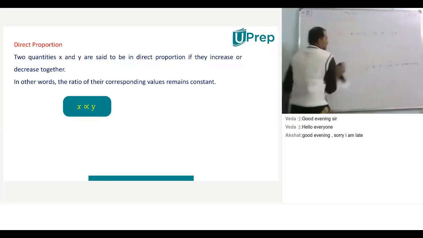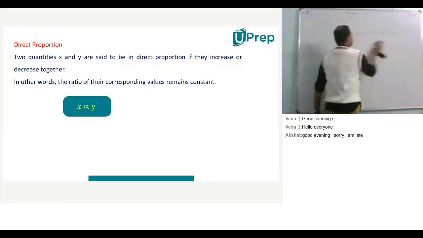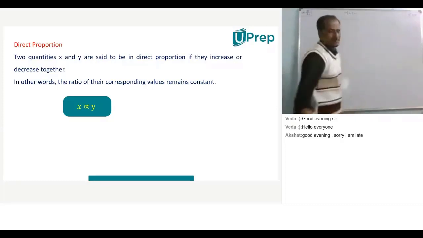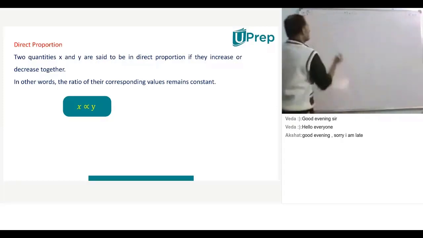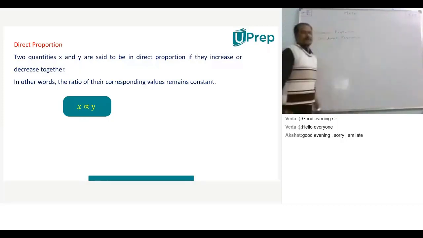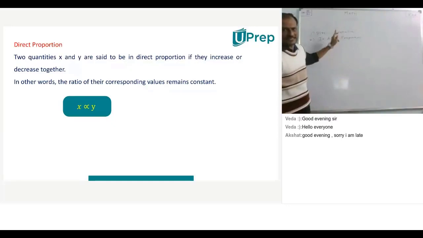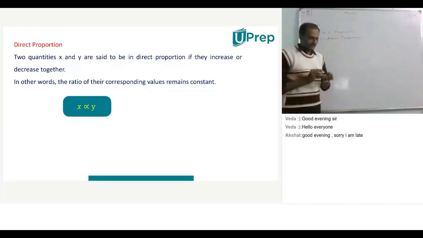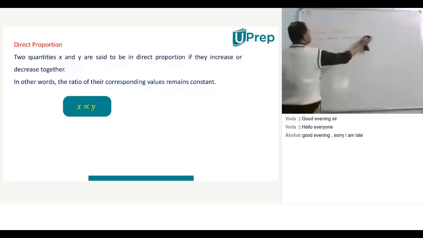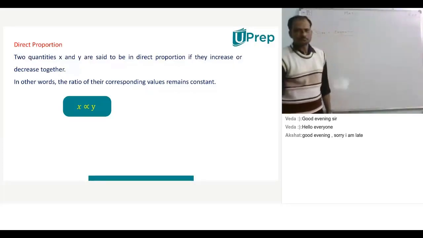Okay, write down. Everybody write down. Types of proportions. Number one, direct proportion. Number two, indirect proportion. First one is direct proportion and the second one is indirect proportion. Now let us go ahead and write direct proportion.